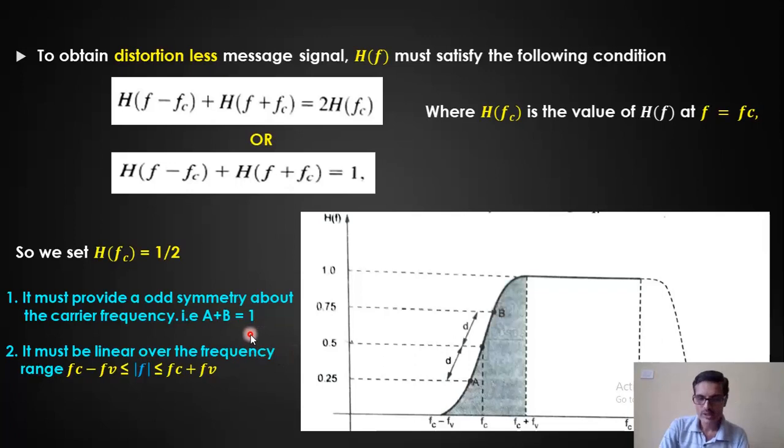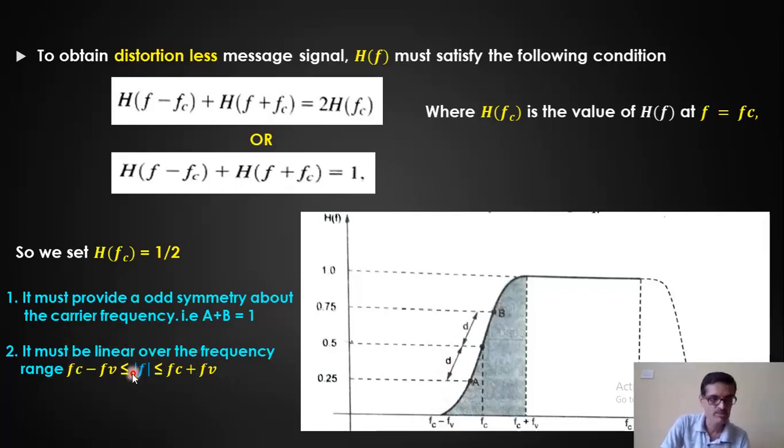So to get less distortion in the demodulated signal and to get back the original signal properly, we have to satisfy this condition. It must provide an odd symmetry about the carrier frequency. Let us say this is point A, this is point B. This A plus B should always be equal to 1. And this should be an odd symmetry, or the gap between the magnitude at the central frequency and A and B should be the same.